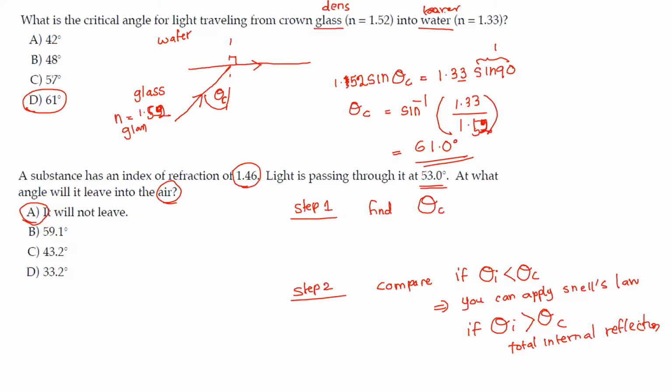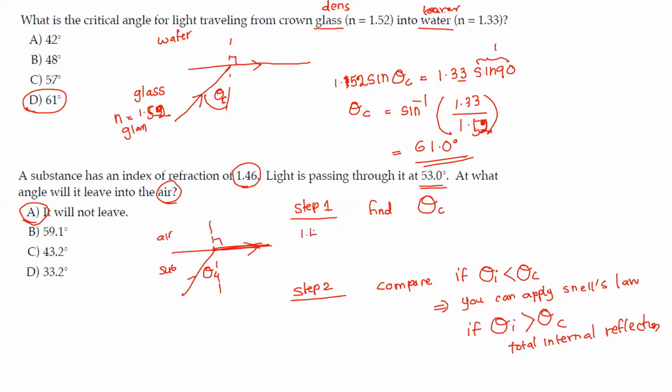So that is what we are going to see. Let's find the critical angle. This is my substance, and this is air. When it comes at the critical angle, it will go at 90 degrees.